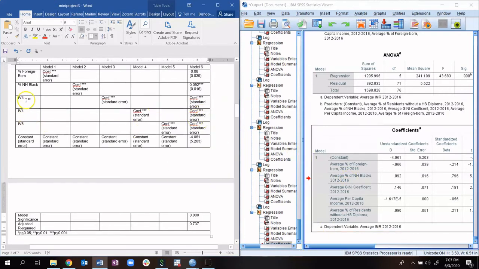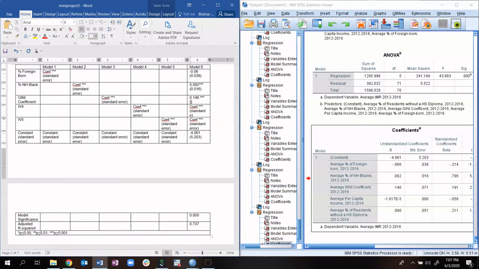Okay, so next we have IV3. This is going to be the Gini coefficient. In the full model, the Gini coefficient was 0.146. The standard error was, oops, I am off the rails. Let me take a look here.